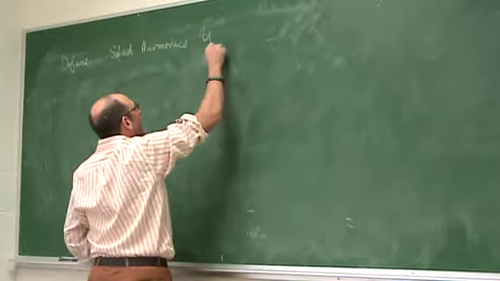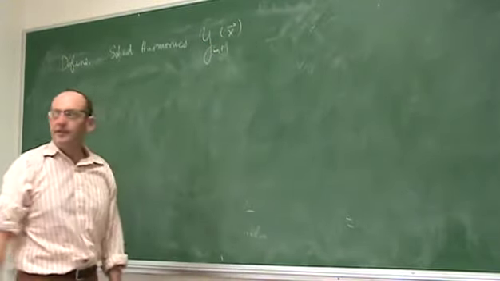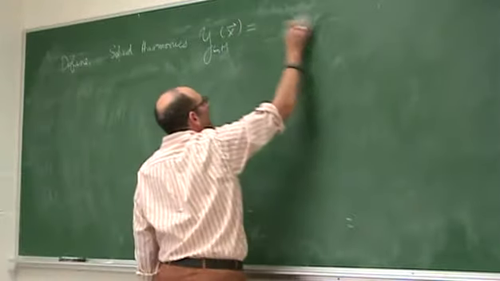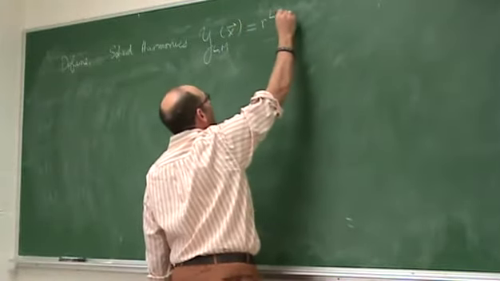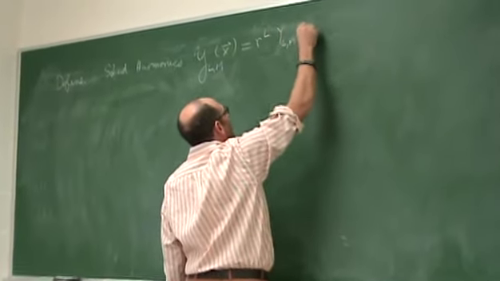The solid harmonic, capital Y_LM as a function of a position vector r, is given by r to the L times the spherical harmonic Y_LM of theta and phi.